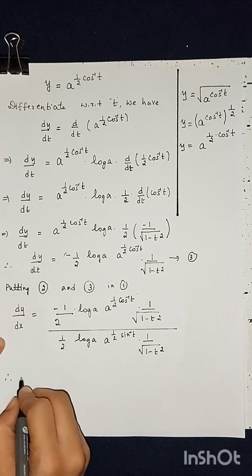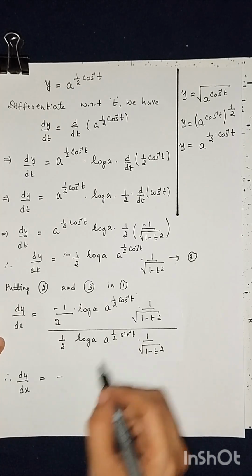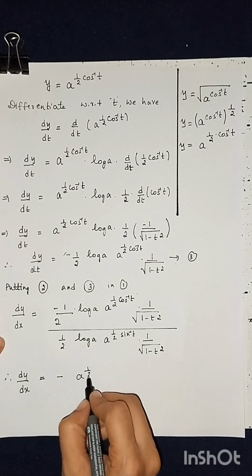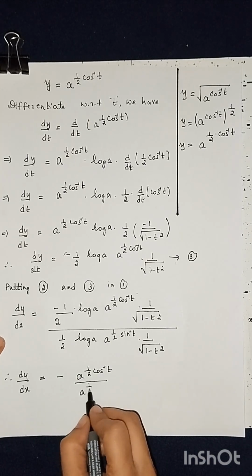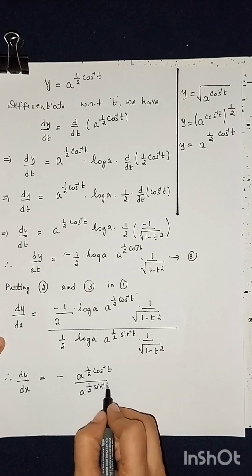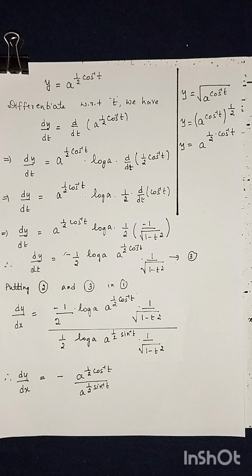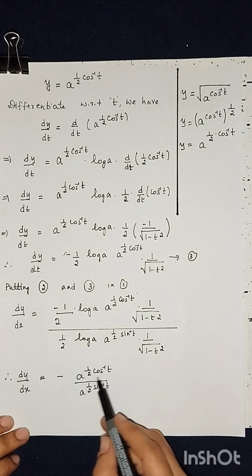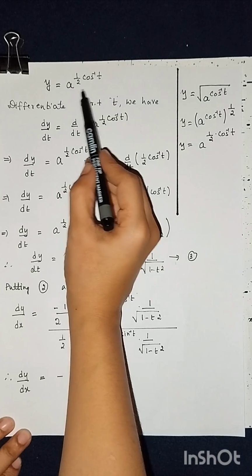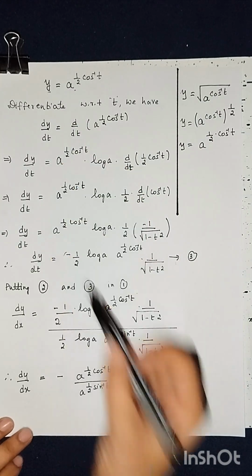So therefore dy by dx is equal to, we'll write minus sign and we will write a to the power 1 by 2 cos inverse t divided by a to the power 1 by 2 sine inverse t. Now if you observe this, a to the power 1 by 2 cos inverse t, that was y, right? 1 by 2 cos inverse t is y.